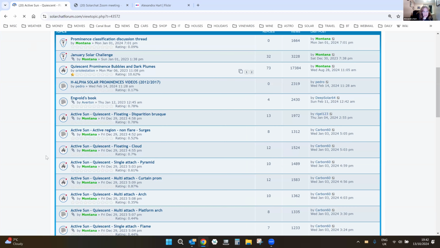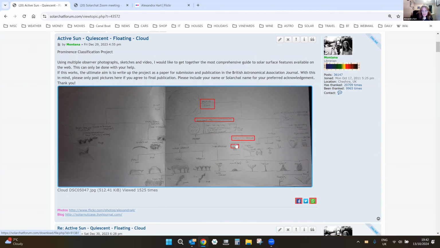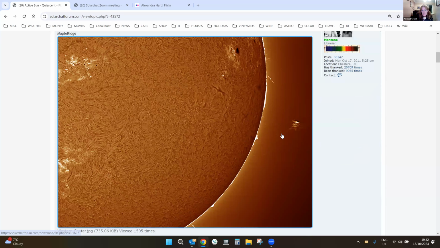So a floating cloud is very quiescent, and they just sit there and they hang. We get them like this. You'll just see it and it's not moving away, it just sits there. It looks like it's dangling around, not going anywhere.